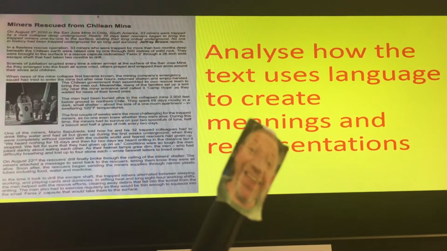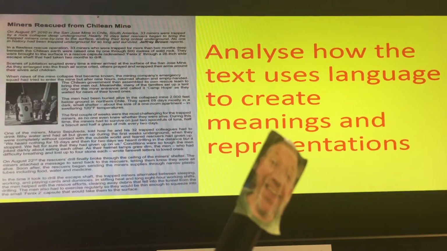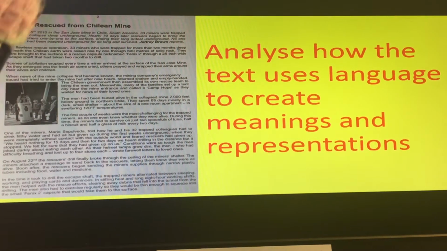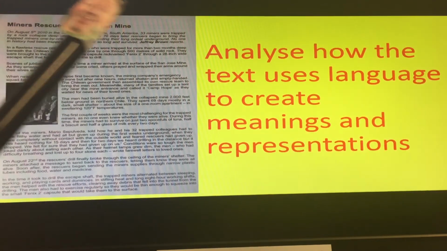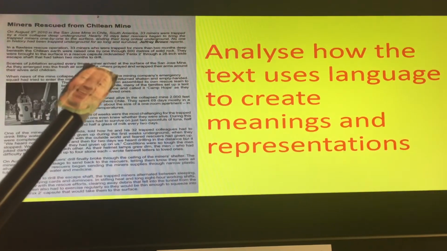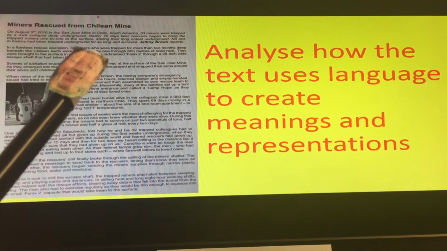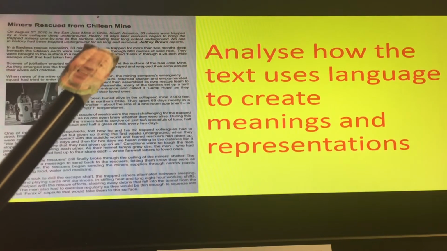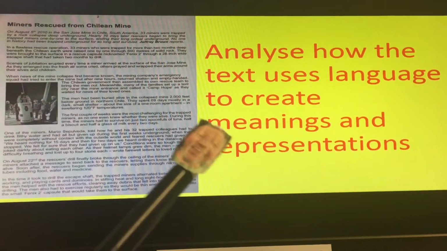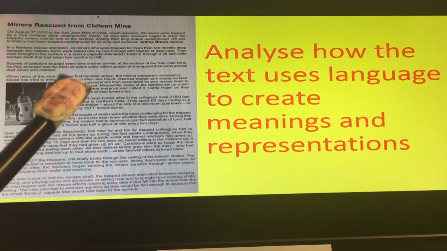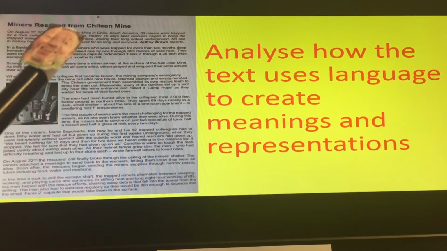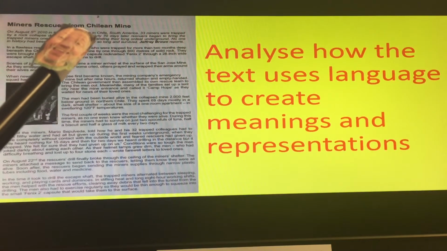It doesn't really give you anything to look for in a text like this. So what you've got to train yourself to do is to break it down into 3 or 4 different components and do the same thing no matter what the text is going to be. And that's what I'm trying to explain in this tutorial.